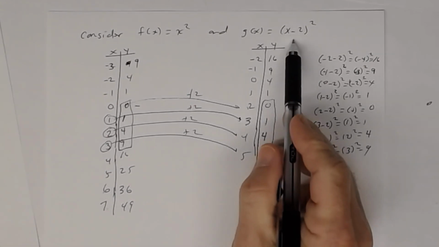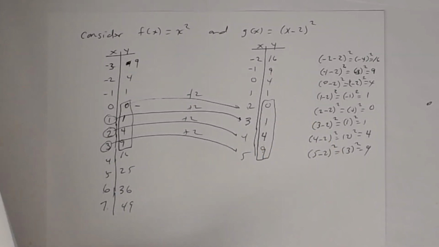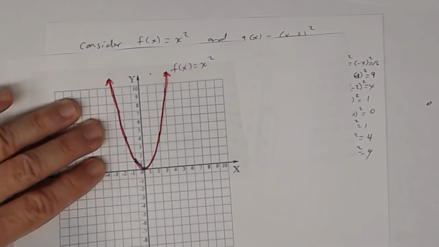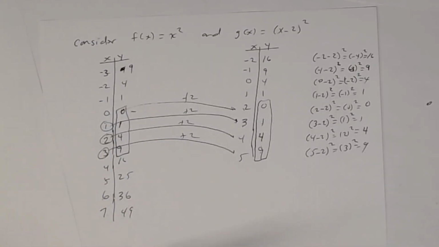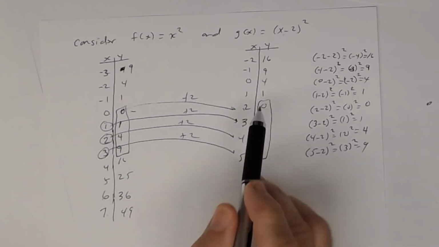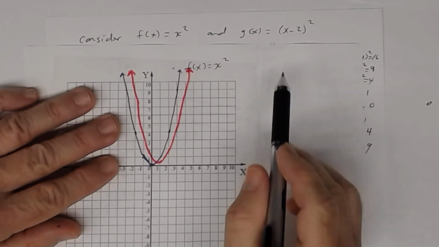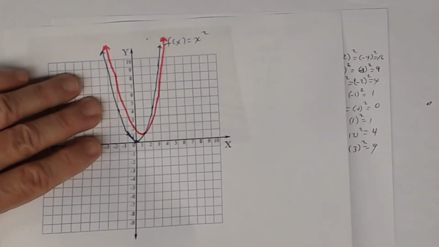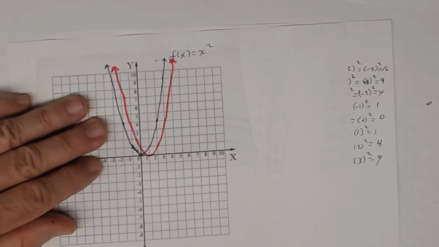If you look at this graph right here, when I graph this, the function f of x equal x squared, which is what you see here, is actually being shifted 2 units to the right. So when I graph this using that t-table that we just found, in reality what's happening is that it's being shifted 2 units to the right.